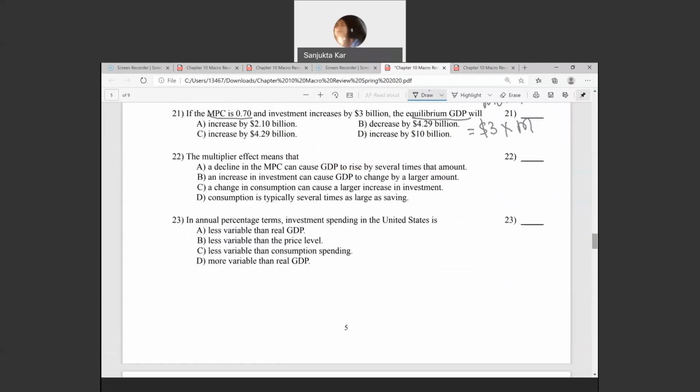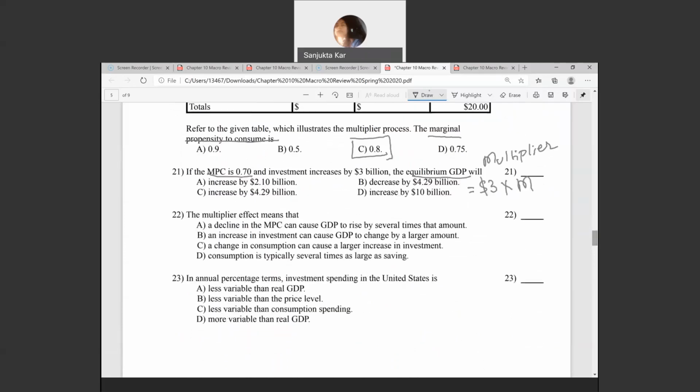Okay, almost there. Question number 22. The multiplier means what? This means an increase in investment can cause GDP to increase by a larger amount. Question number 23, investment spending, that's what we saw before, is more variable than real gross domestic product.